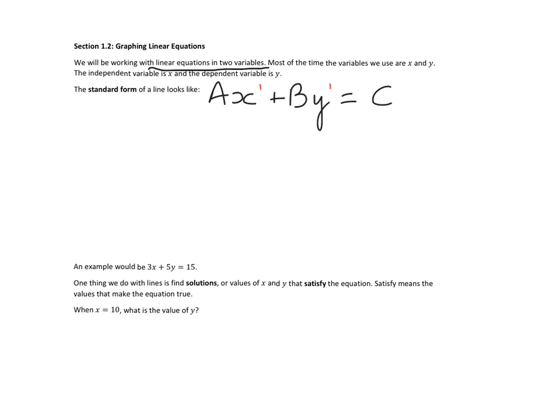So again, this is called the standard form of the line, and what we're going to do in this section is find solutions to our line, and solutions are values of x and y that make the equation true.